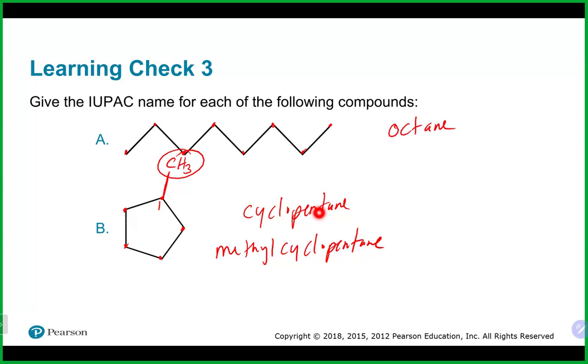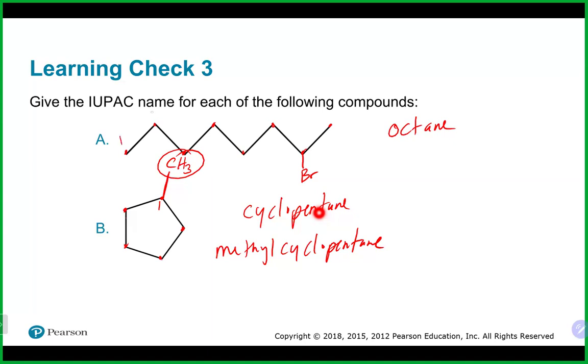By the way, if I drew this, what would that guy then become? It would be a bromo group, right? What else do I need to do with that? I do need a number, right? And which number should it have? Well, it's 1 or 7, or 2 or 7 is the better way to say it.